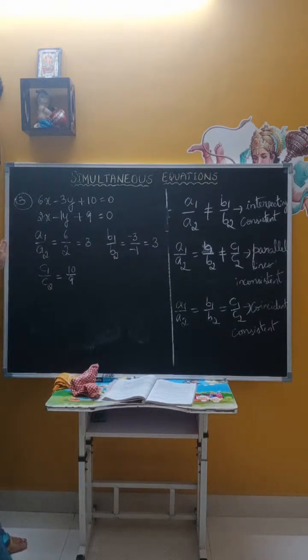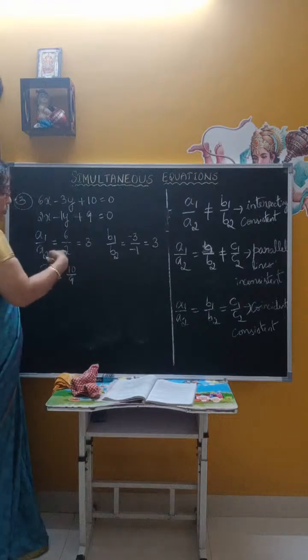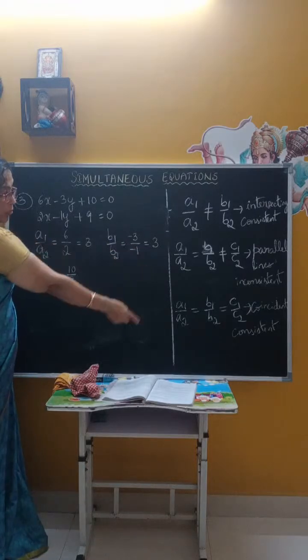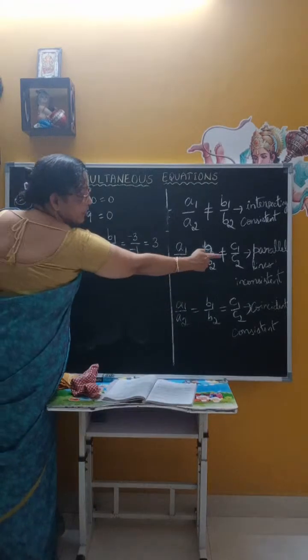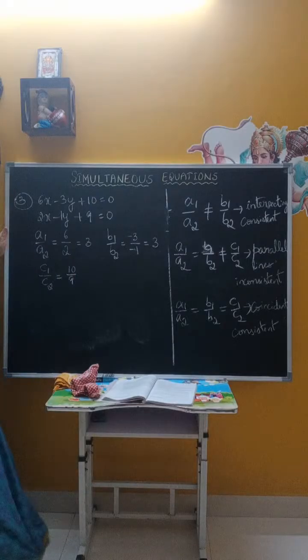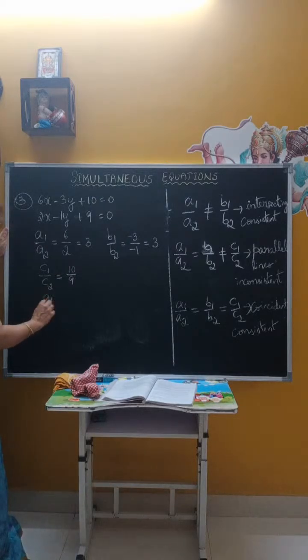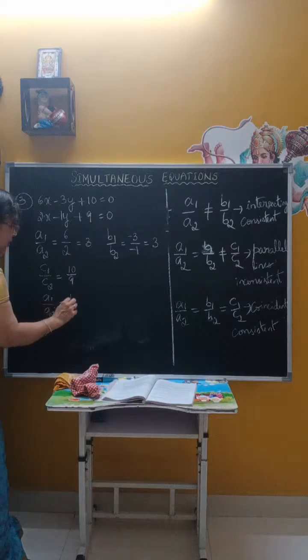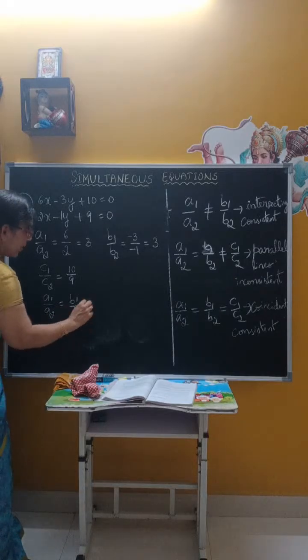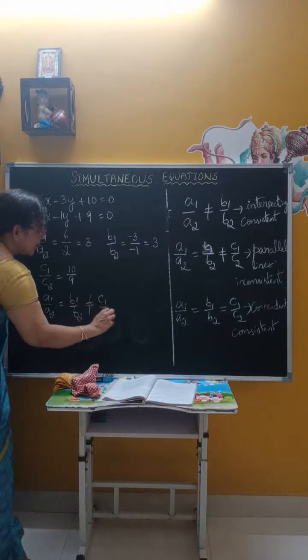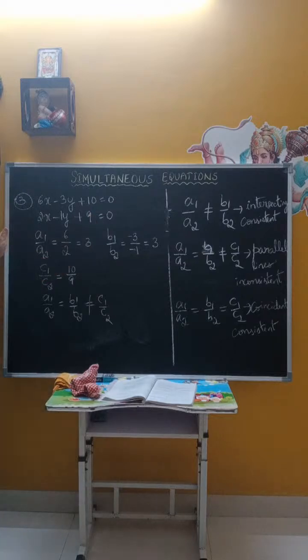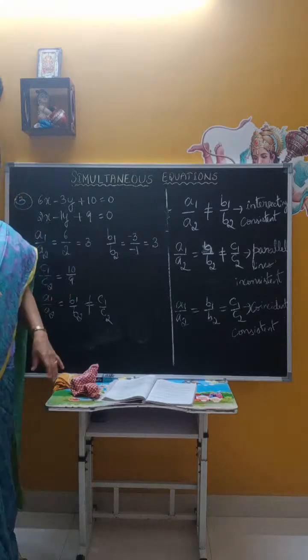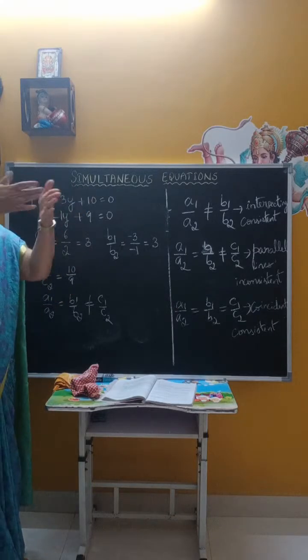Now what do you say? Here a1 by a2 is equal to b1 by b2, but it is not equal to c1 by c2. So what do you conclude about the lines? These lines are parallel. When the lines are parallel, we never get a solution at all. They are going parallel only. They never meet.